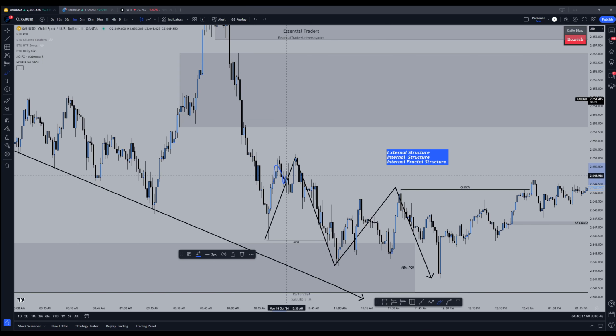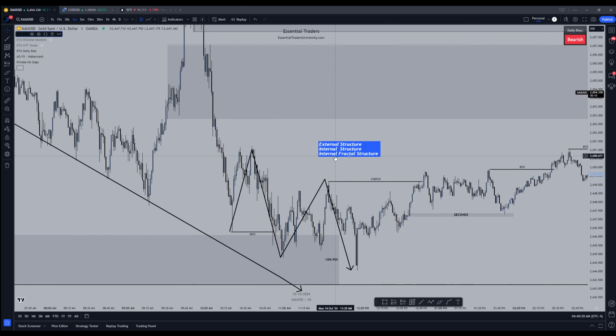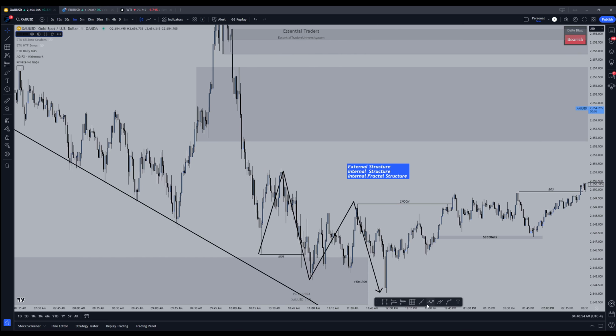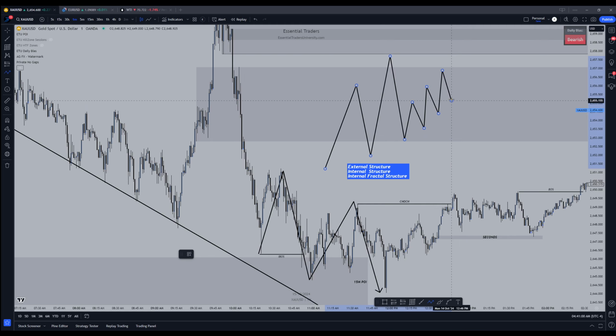Each and every single candle is a pullback, creating its own structure. This is all internal fractal structure here, because on the seconds time frame, all this will look like a swing point. So there's external structure, and there's internal structure, which is structure created within external structure like this, but it's tradable.